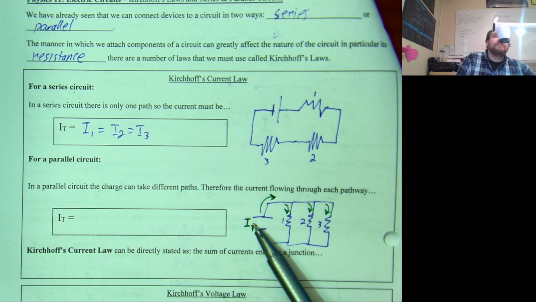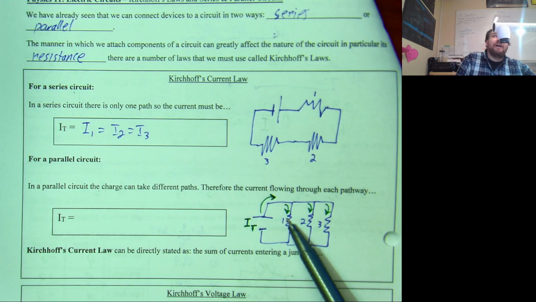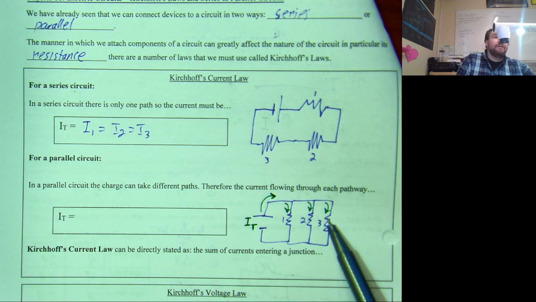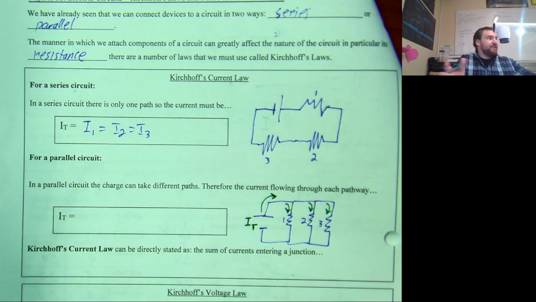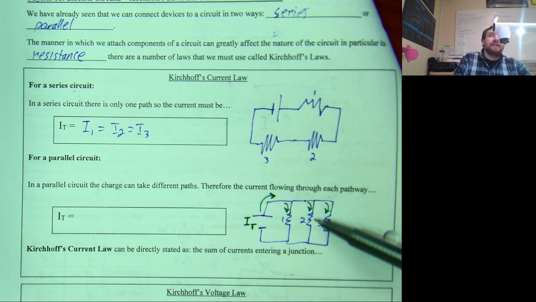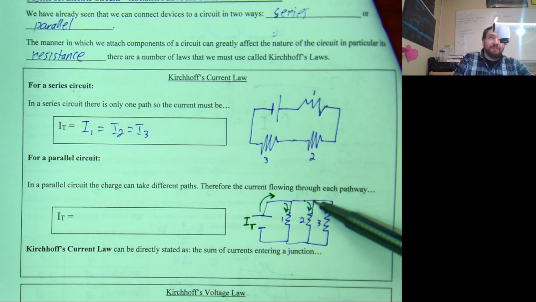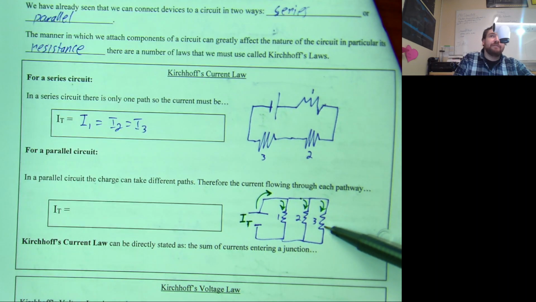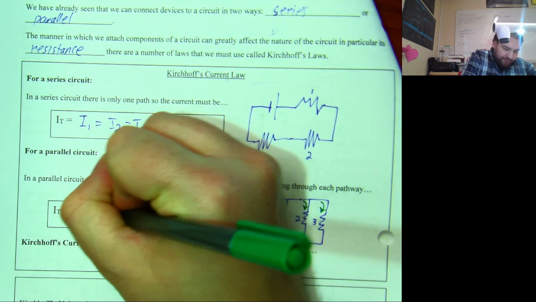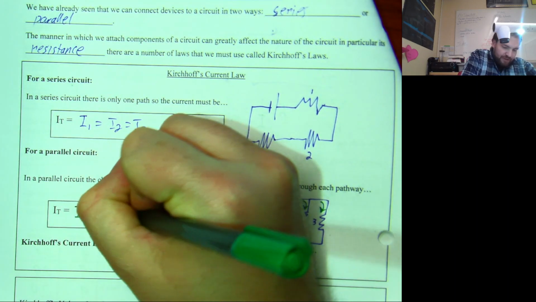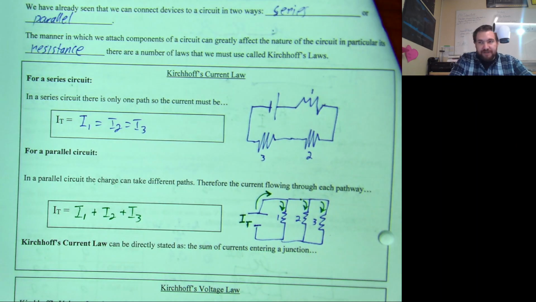IT has to equal the sum of all of the currents in the branches, which kind of makes sense, right? Every time you have one of these junctions, a place where the wires split, the current is going to split as well. Some is going to follow this path and some that path. Likewise, when you get to here, some goes this way, some goes this way. So in parallel, the total current is equal to the current through all of the different individual branches.